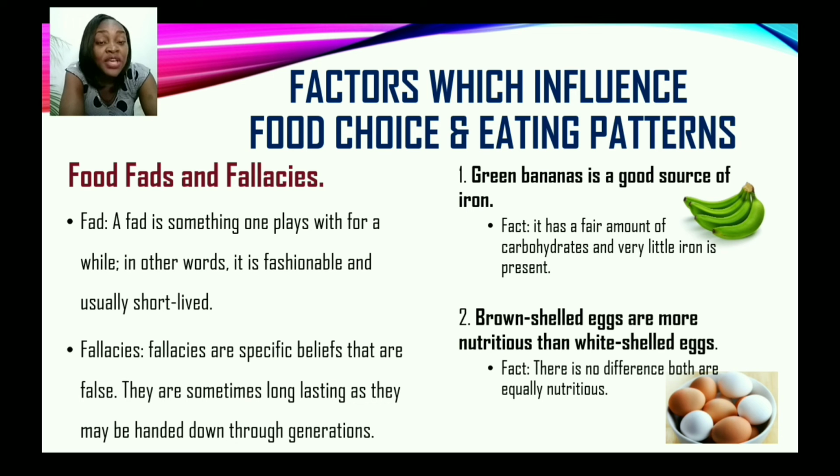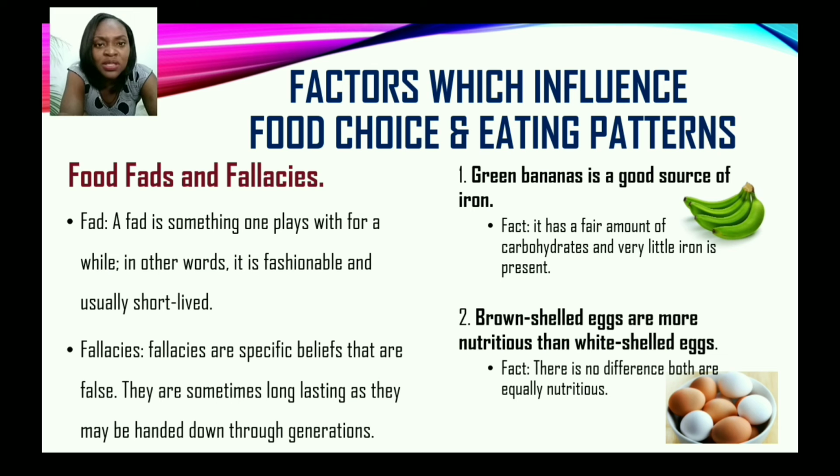So just as when we're speaking of clothes, we speak about fashion, where we speak about ripped jeans maybe wearing. At one time we had bellbottom wear. This also is a practice that happens with food. So for example, at school, students at school, a new drink may come on the market.